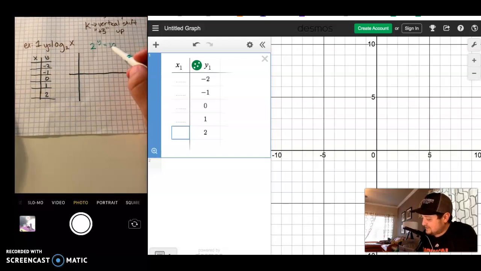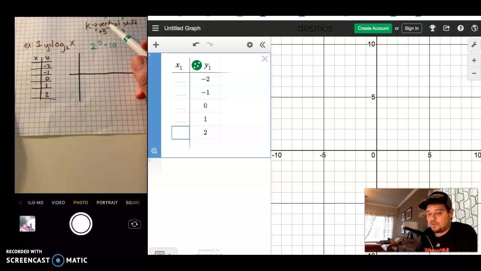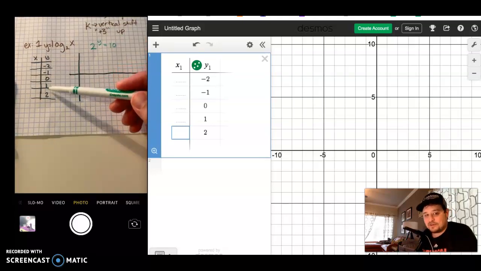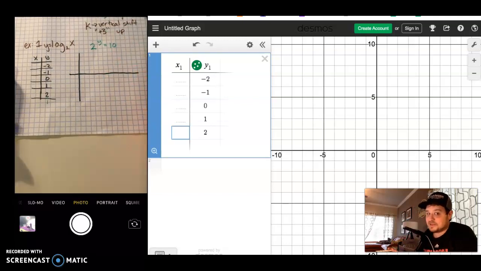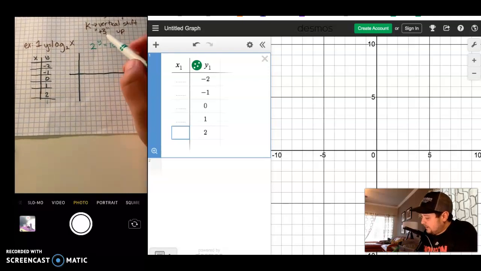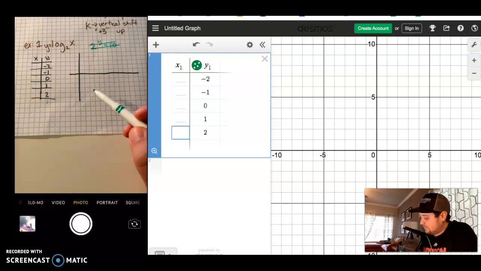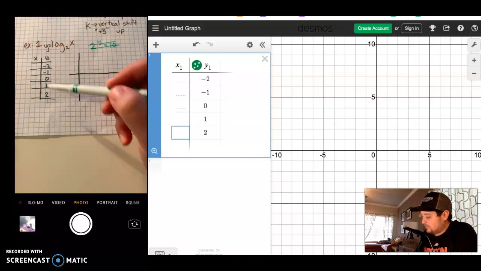So 10 is never really a part of that, and so 10 is going to be some decimal value. And so to make it more meaningful for us to be able to create points, a good strategy is to actually pick your y values and then see the resulting x values. Seems backwards, and that's because it is backwards. Okay, so anyway, let's go ahead and fill in our table here.